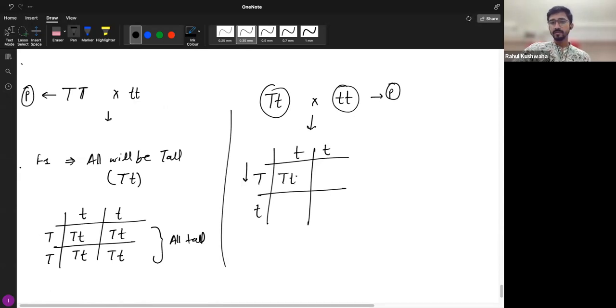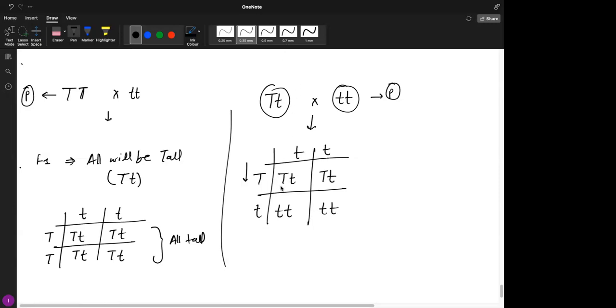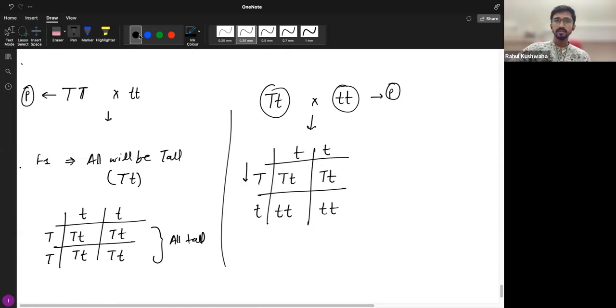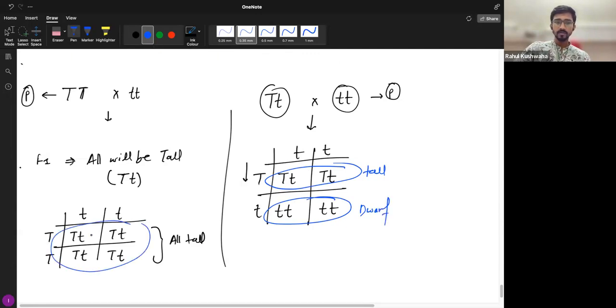So we see this will be capital T, small t, and these two will be homozygous recessive, correct? Make sense? Yes, sir. So what it shows is that in this case, these two will be tall, but these two will be dwarf. But in this case, all were tall.